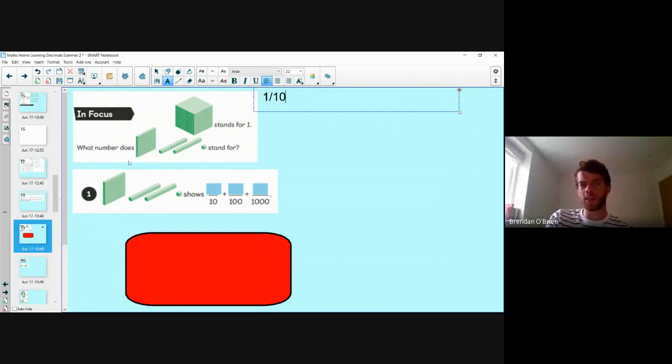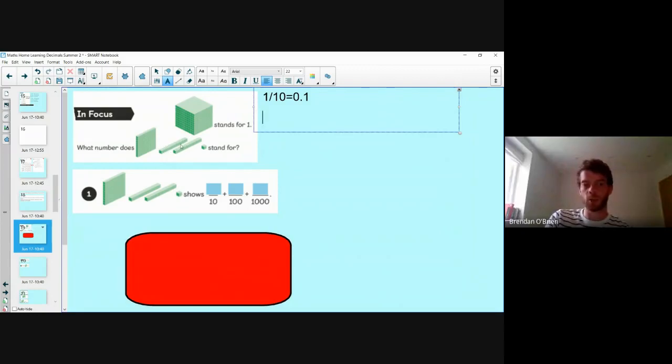It's got 100 small pieces in it. Why don't we call it 1/100th? We don't call it 1/100th because if we want to make the whole, we just have to use 10 of these. So this is 1/10 of the whole block. And that's written as a decimal as 0.1.